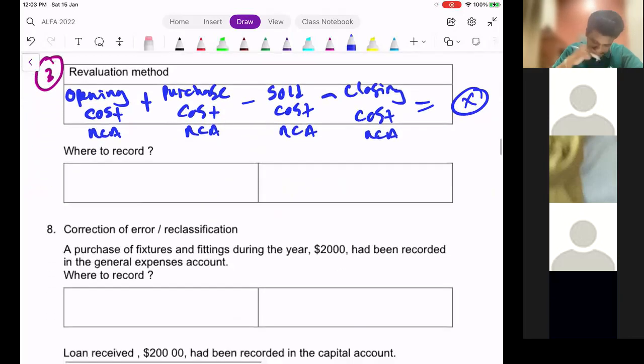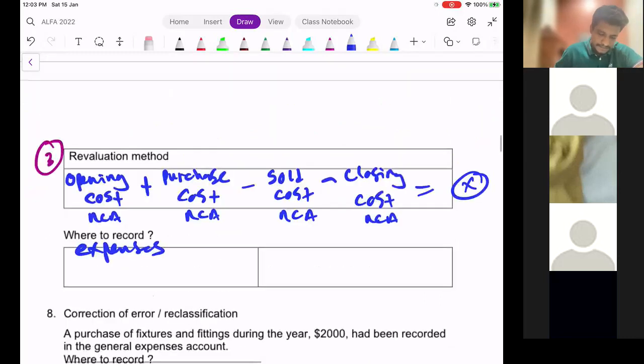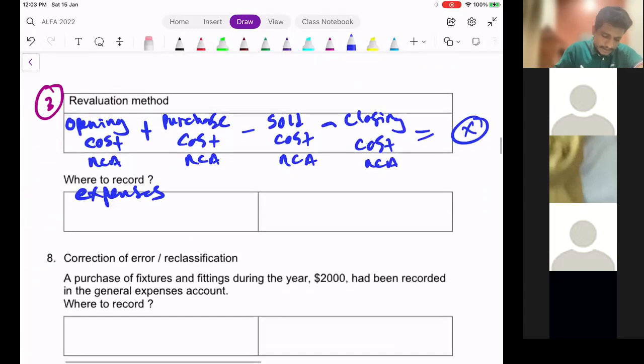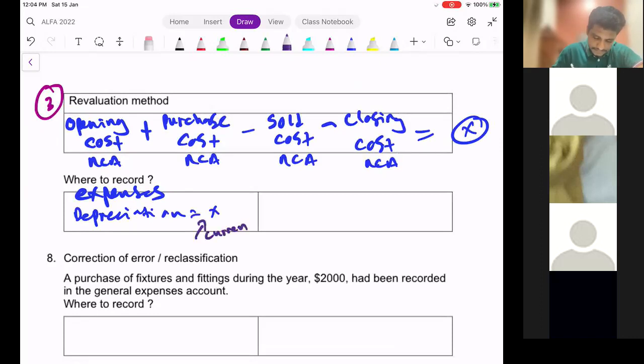First one, we go to the expenses and record the depreciation. This is the current year depreciation.